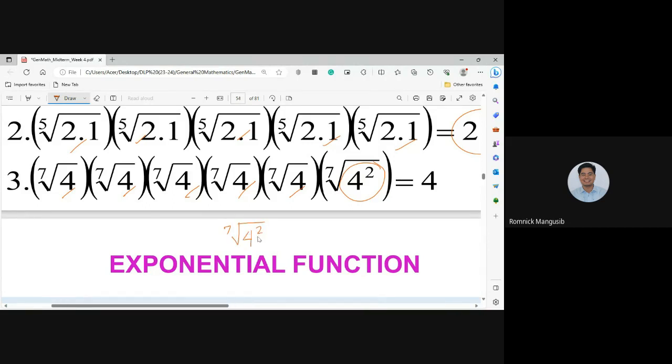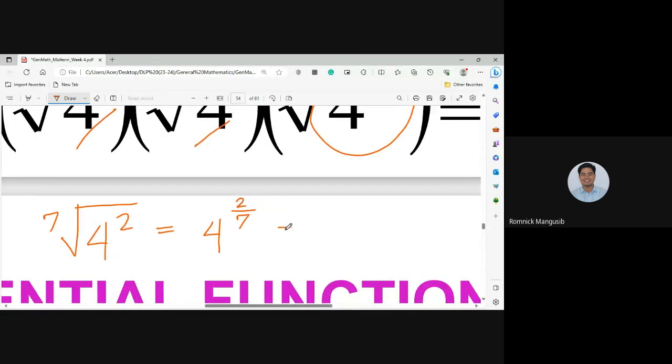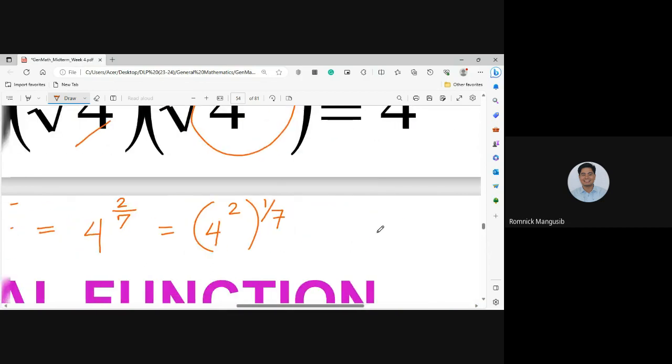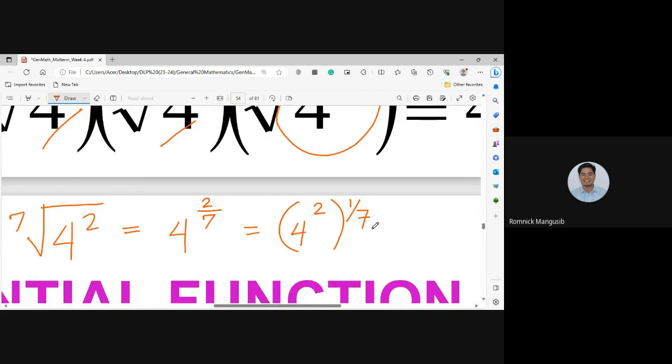Ang 7th root of 4 squared kasi, class, ay nanggaling siya sa ganitong itsura. I-write natin. And this is 2 over 7. Galing fractional exponent. Si 4, pwede mo i-factor out si 2 over 7. Ipasok mo ang 2, lalabas ang 1 over 7. Isn't it? Because 2 times 1 over 7 is 2 over 7.